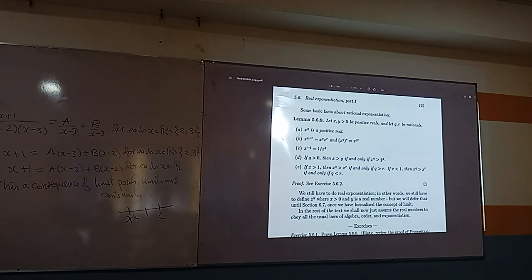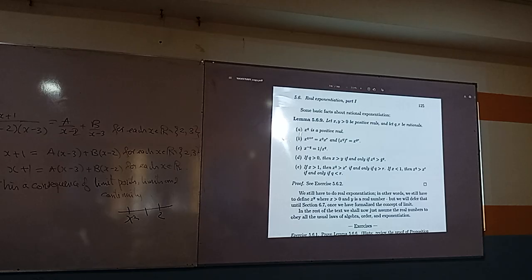That's all. To do real exponentiation, in other words, we still have to define x to the y where x is greater than 0 and y is a real number. That is difficult, but we will defer that until section 6.7 once we have formalized the concept of limit.